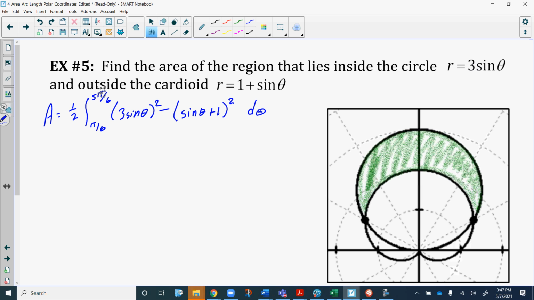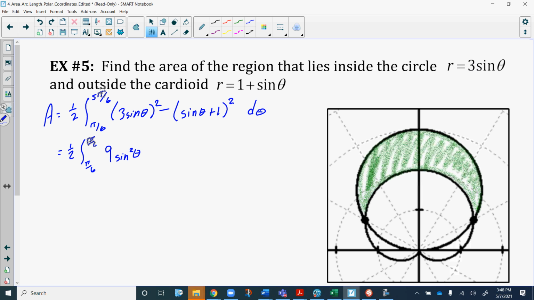And on the outset, this one doesn't look like it's going to be overly complicated to simplify, but this one does require a little bit of work if we're going to try and do everything without a calculator. Here, we're going to say 1/2 integral from pi over 6 to 5 pi over 6, and the first term squared is going to wind up being 9 times sine squared of theta.